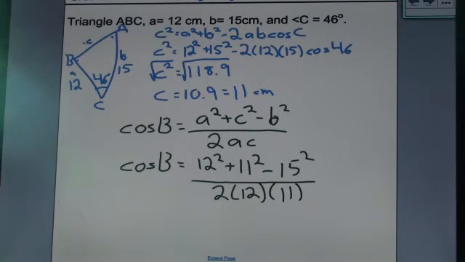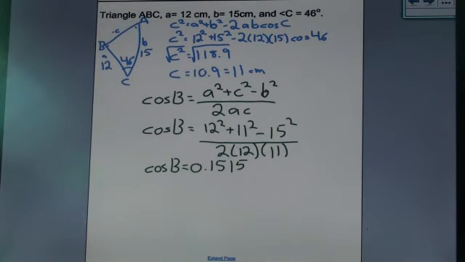And I end up getting cosine B equal to 0.1515. And when I get that 0.1515, I know that I'm between -1 and 1, so I know that cosine will work. I take the inverse cosine of that, and I get 81. And again, I recommend you try these in your calculator.